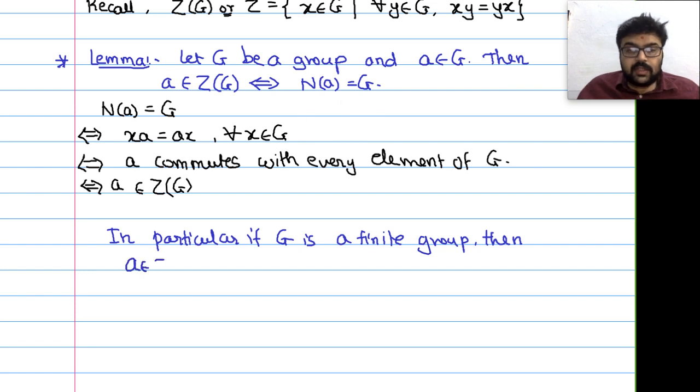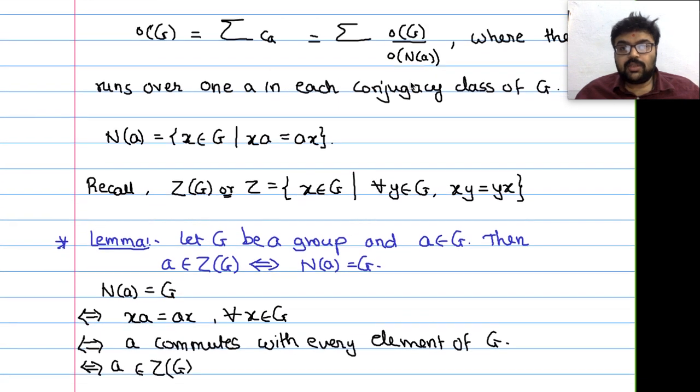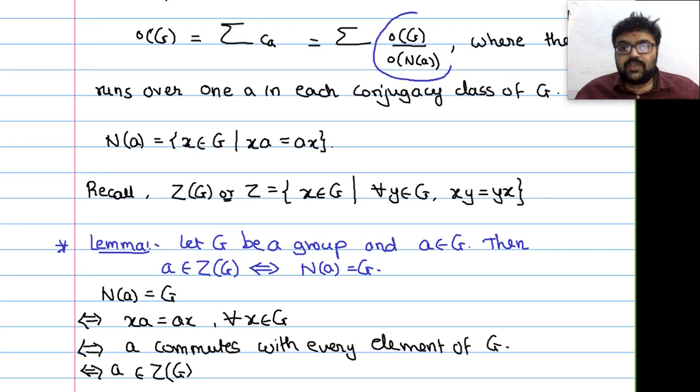So in this case, A is in the center if and only if the normalizer equals G, and for a finite group we can talk about the order. So the number of elements in N(A) is the same as the number of elements in G. Why are we talking about this? Because we are interested in the class equation, this term, order of G upon order of N(A), and this will be 1 in that case.